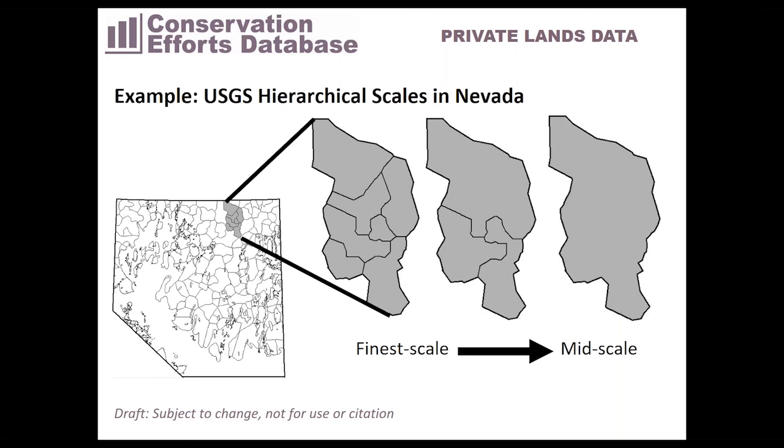I'm going to provide just an example for the state of Nevada. If you're looking at the three gray figures in the center of the screen, we have 7 polygons in the first one, but they can be rolled up from the finer scale to the mid scale, and you'll see approximately how many exist within the state of Nevada.